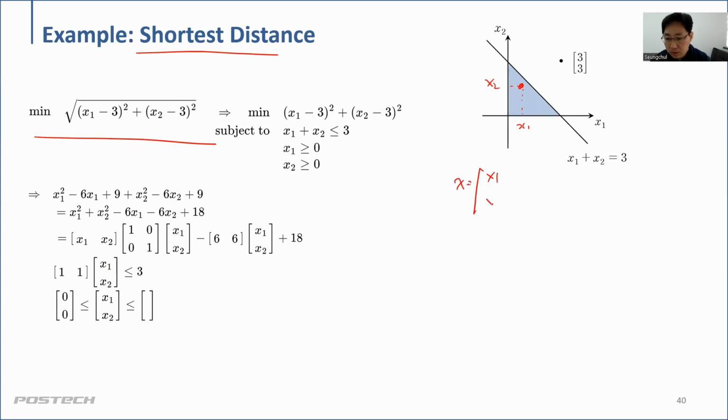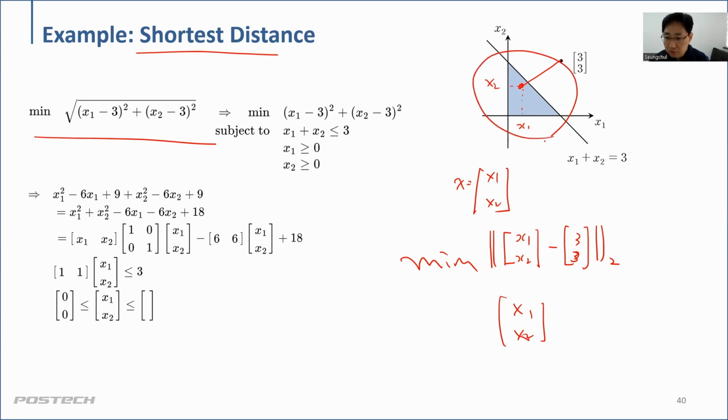So the decision variables that I want to find are these, and I want to minimize the distance, x of 1, x of 2 minus the singer location, and that's the distance I want to minimize. And x of 1, x of 2 is constrained to be greater than this and less than this. So this is the constraint represented by equations or inequalities.